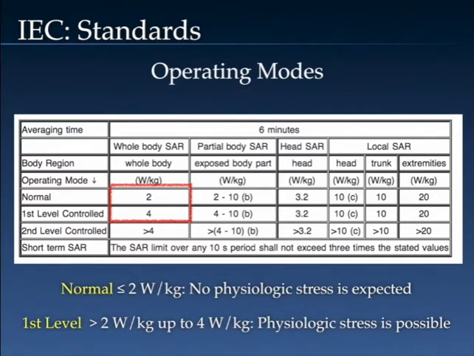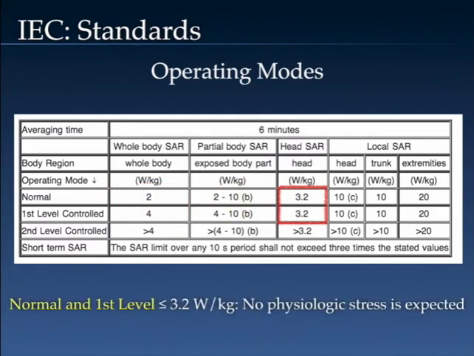In the first level mode, again for whole body SAR, it can be greater than 2 watts per kilogram up to a maximum of 4 watts per kilogram, and at this level, physiologic stress is possible. For the head, both normal and first level are less than or equal to 3.2 watts per kilogram, and in general, no physiologic stress is expected.